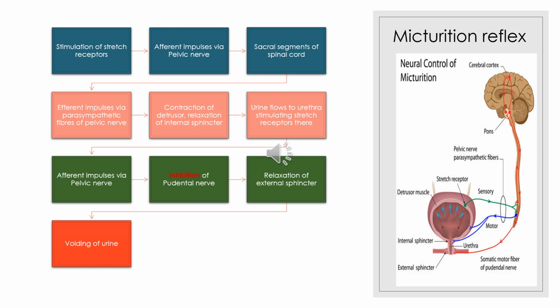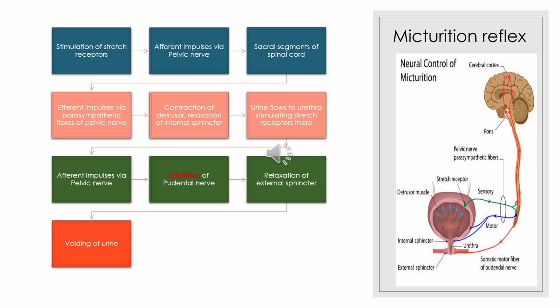The sensory part of the parasympathetic pelvic nerve carries impulses from the stretch receptors to the central nervous system, and the motor part carries the impulses from the central nervous system, or from the spinal cord, to the bladder and the internal sphincter. So it causes the contraction of the detrusor and relaxation of the internal sphincter, resulting in the entry of urine into the urethra, and the stretch receptors there will be stimulated.